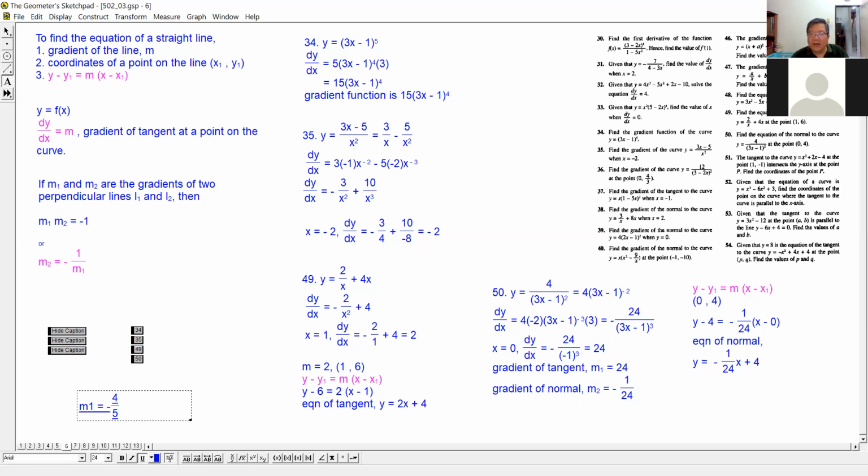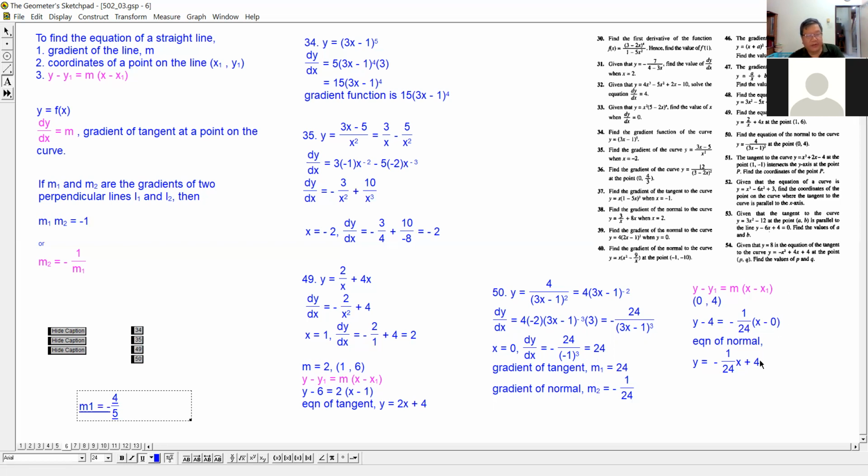So the gradient of the normal is -1/24. Coming back to our formula, y minus y1 equals m(x minus x1). The point we know is (0, 4) and the gradient we know is -1/24. Substitute all these three numbers into the formula: y minus 4 equals negative 1/24 (x minus 0).